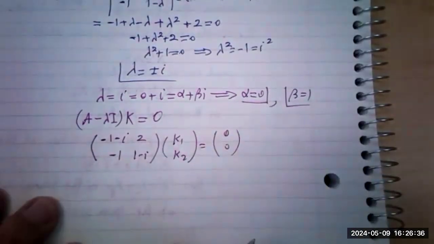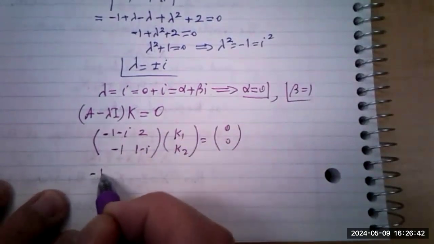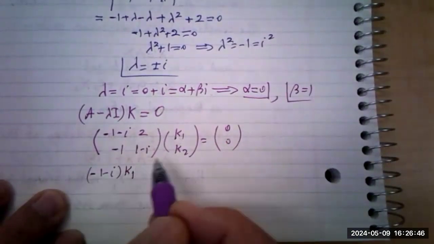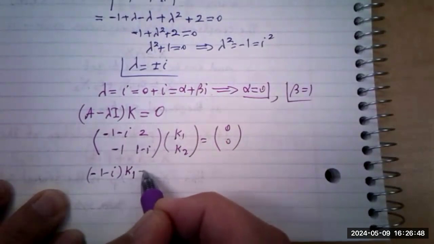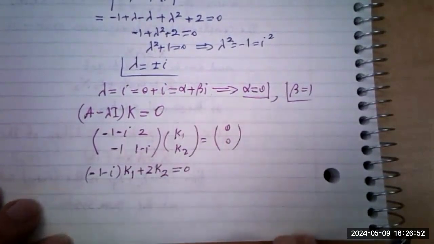Just work on one of them, that would be enough. Just multiply the first one. It's going to be -1 minus i times K1 plus 2K2 equal to 0.